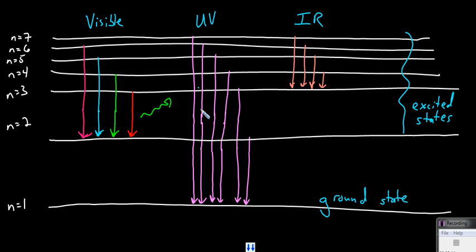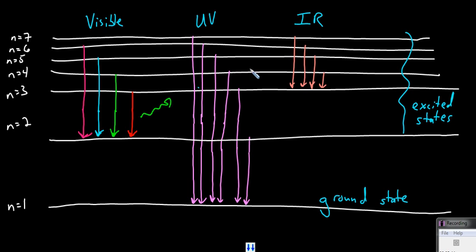And releasing even more energy than that violet visible light, you would have ultraviolet light. Whereas transitions to n equals 3 or higher have less energy released than the transitions to n equals 2. And therefore, having less energy than the red within the visible spectrum, those are infrared transitions.